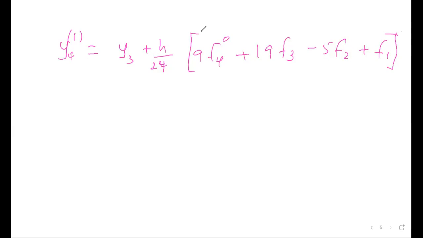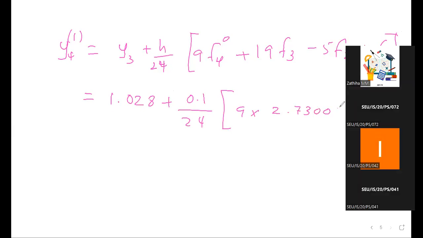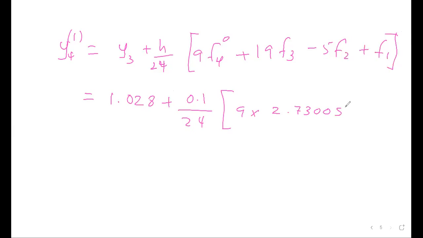Okay, y3 we already found, it has given 1.028. h is 0.1, that is okay. So 9 times, what is F40? Give me a second. 5416, okay, 16 or 17, anything.